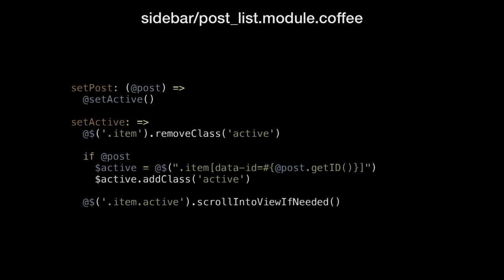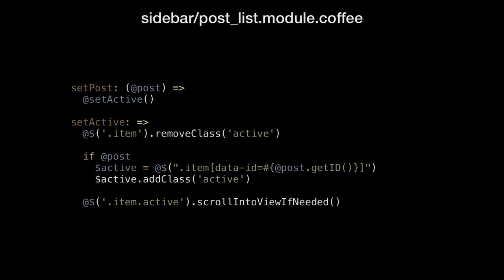Now, if we define the setPost function, what we're doing is setting this instance variable called @post, and then we're calling setActive. And setActive will iterate through all the DOM elements in the list, remove the active class, and then if there is a post, it'll try and find that using a data ID selector and add the class of active onto it.